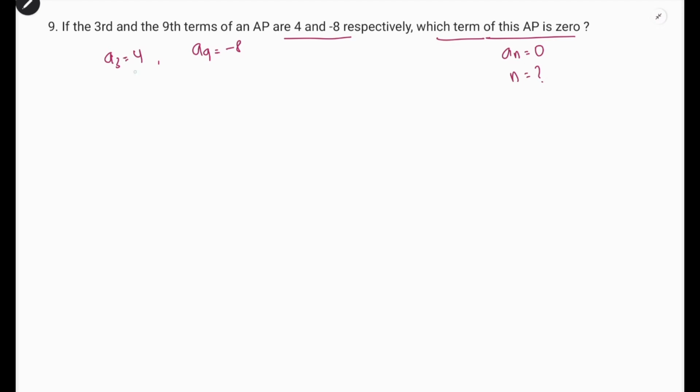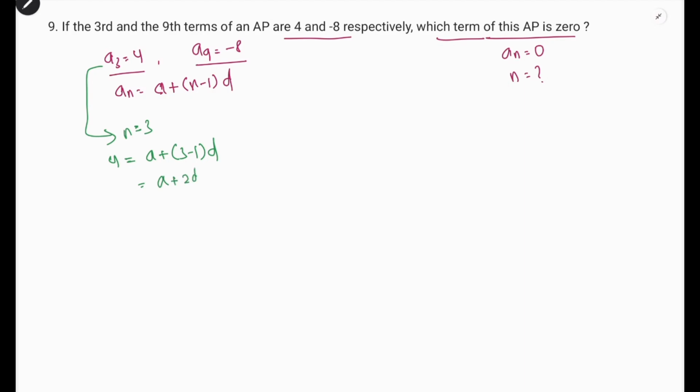From these two terms we will find out the equations. an is equal to a plus n minus 1 into d. And from this one, n is equal to 3. The third term is 4. So we will write this. The third term is equal to a plus 3 minus 1 into d.